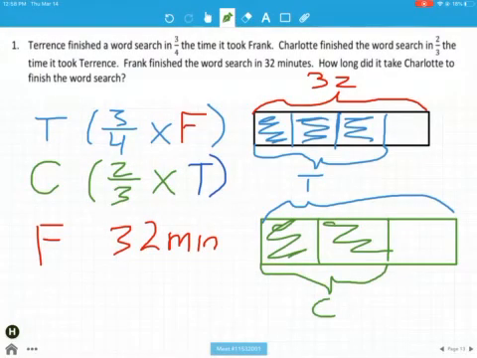Okay? So the setup is there. You have to find out what 3/4 of Frank is, 32, and no, that's how many Frank is, 32. Don't think that's the answer.